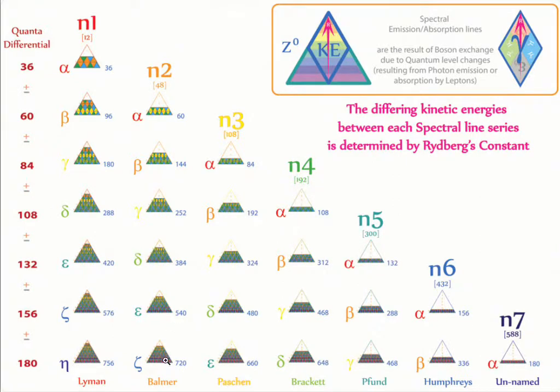You can look at this as transitioning down, in which case you release all these quanta in order to transition from a specific energy level down to N2 or N3 or N4, and all of these quanta, as they're released, will have differing wavelengths and differing amounts of quanta.